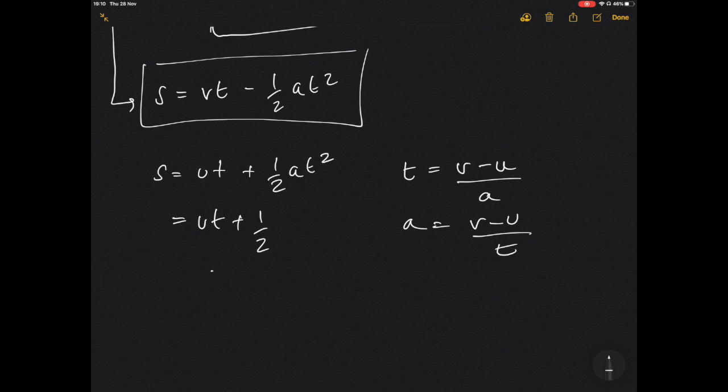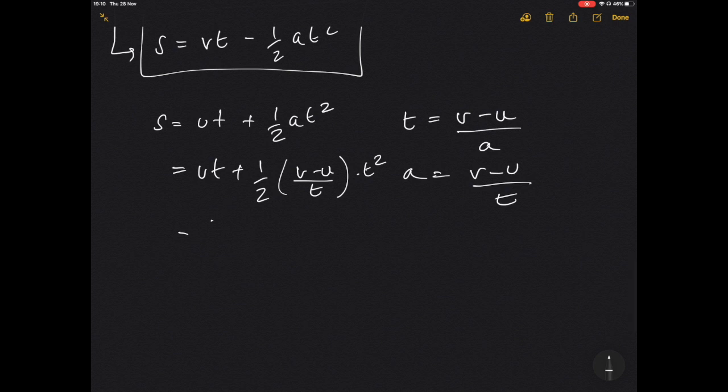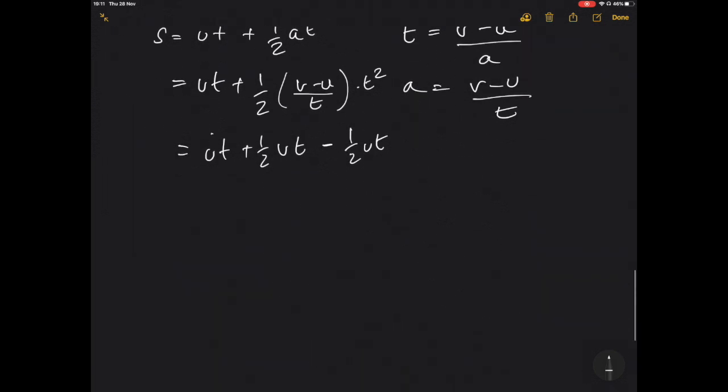So we can say that this would be v minus u all over t multiplied by t squared, and that would be ut plus a half vt minus a half ut. And then we get a third equation which says s equals a half v plus u t.